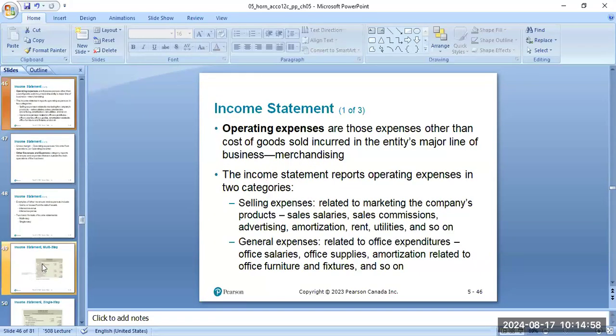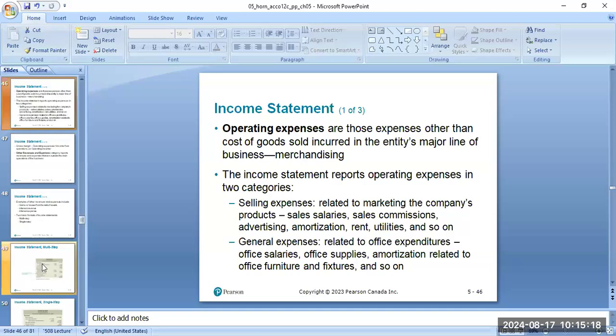Income statement. From the income statement, we're going to have operating expenses for all the expenses that are not part of the normal operating activities, but are related to the fact that we're doing business.